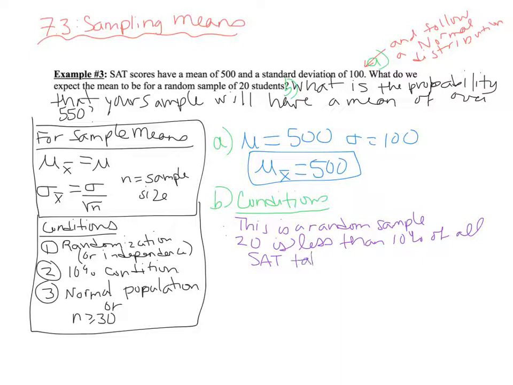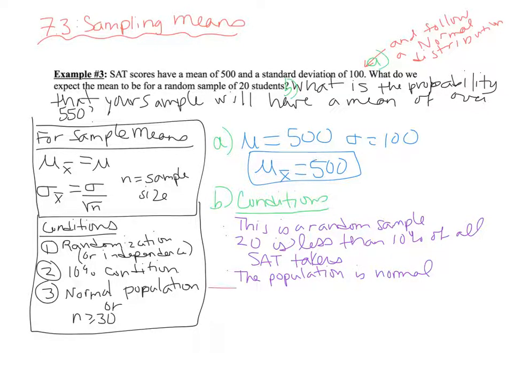The last thing is that the population is either normal or n is greater than or equal to 30. In this one, we don't have a big enough sample size, but luckily they tell us, or rather I added, that the SAT scores follow a normal distribution, so we're good. The population is normal. Because all of these things are true, we are allowed to do what's next. If they were not true, you wouldn't be allowed to do that.